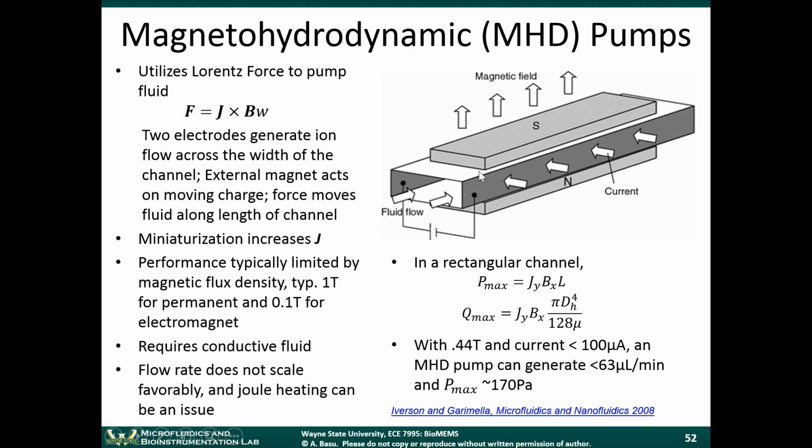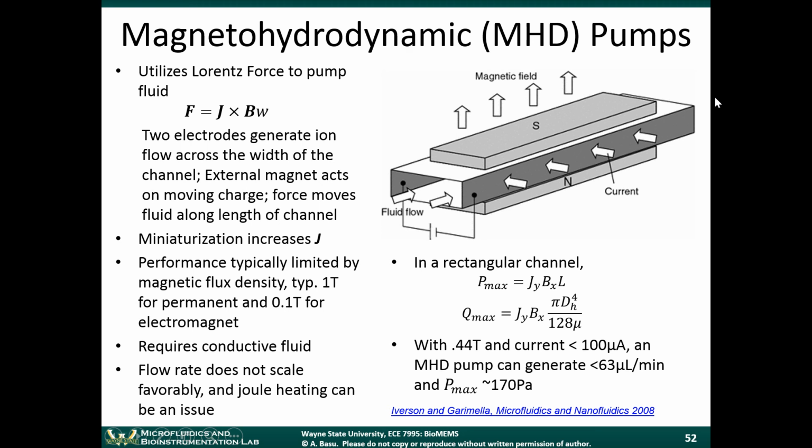So there's a current flow going from the right side to the left side. So the ions are moving this way, from right to left. The magnetic field is pointed up. The resulting Lorentz force causes the charges to deflect off in this direction. So that's what causes the fluid to flow through the channel like this.